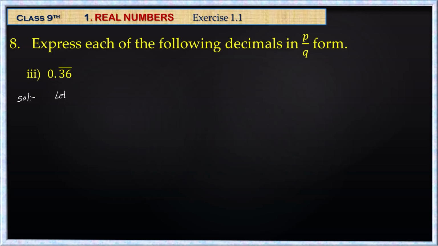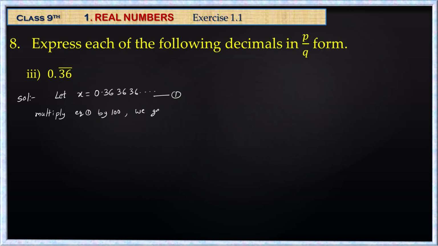Let x is equal to 0.3636 and so on. Call it as equation 1. Here 2 digits are repeating, so multiply equation 1 by 100.